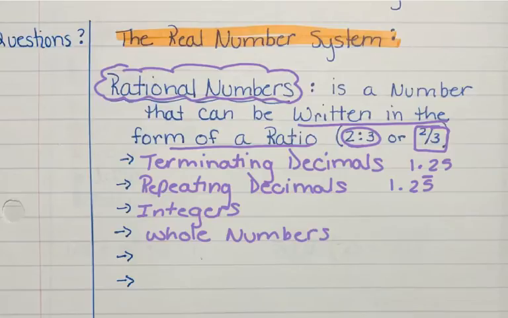Okay, that would just be the positive side of integers. We have natural numbers. Okay, those start at 1. I'm going to just start counting numbers, so 1, 2, 3, and so forth.